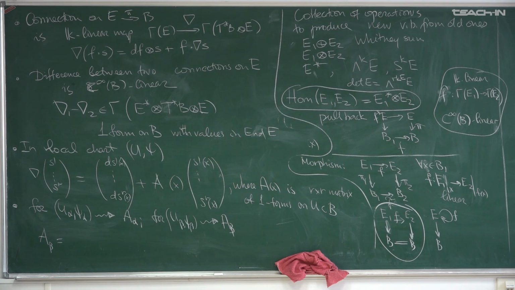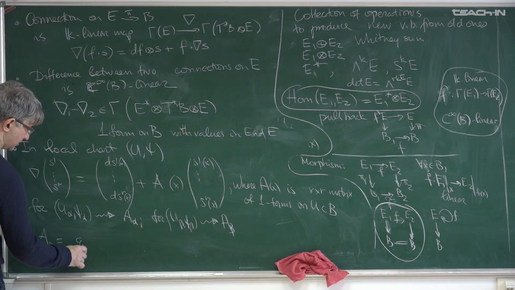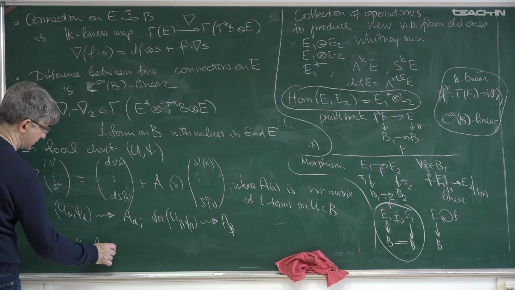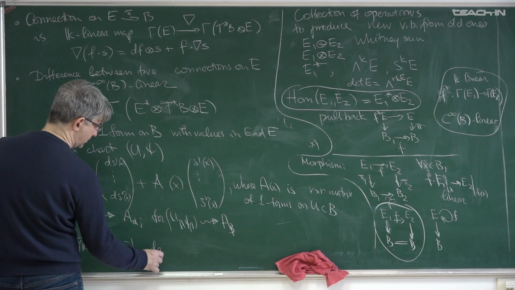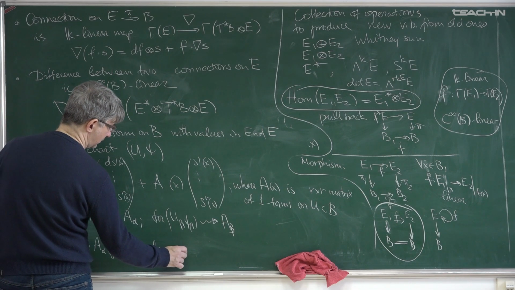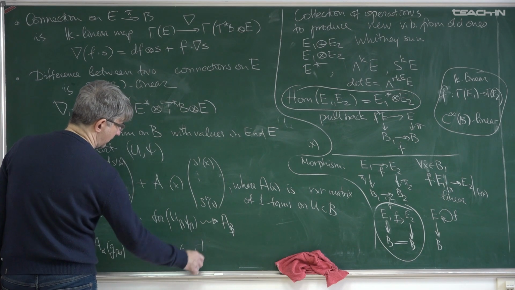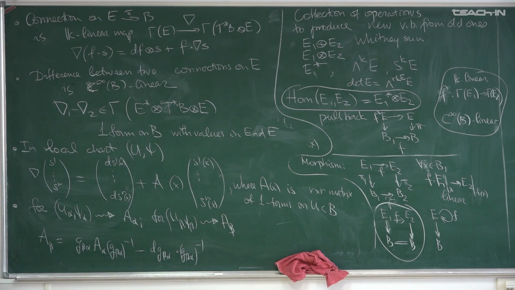I will try to write this formula, but maybe with a mistake. I ask you to correct me. g beta alpha A alpha g beta alpha inverse minus dg beta alpha times g beta alpha inverse. Please check it. That's correct. Very good.